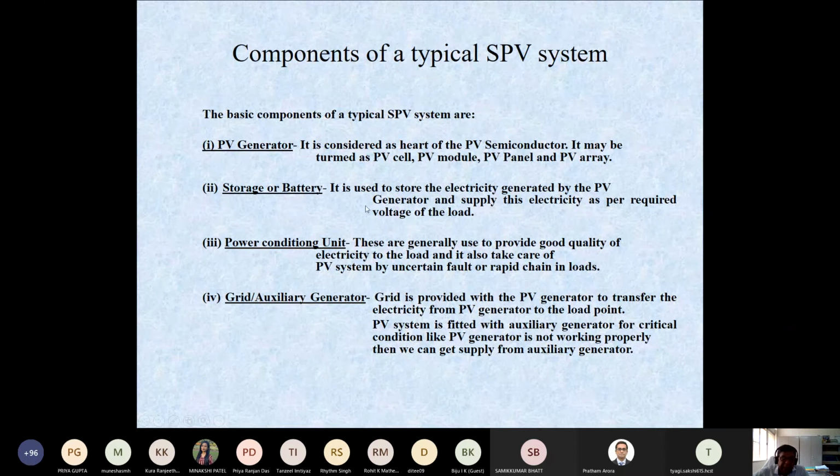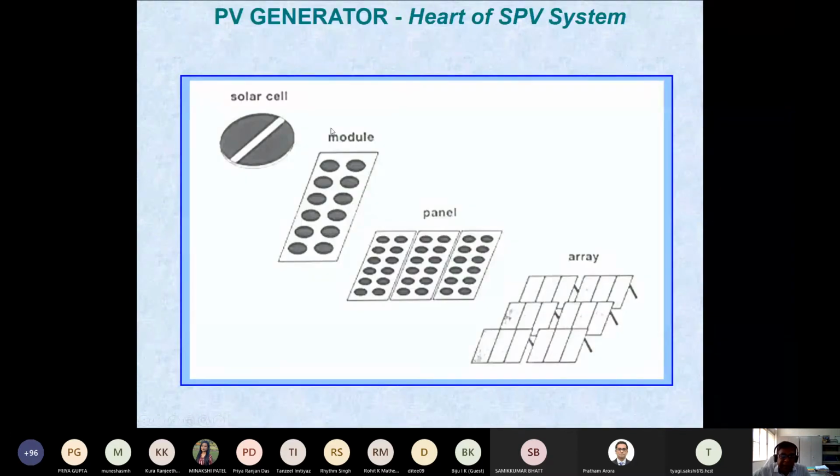People are doing it, but as far as the concept of the PV system, the main component is the PV generator. Sometimes there's a confusion, because I'm talking about the concepts and the basic things only. Sometimes we use different terminology for the PV generator.